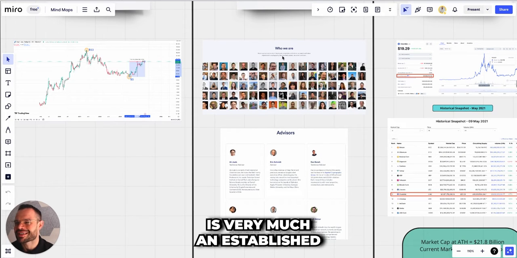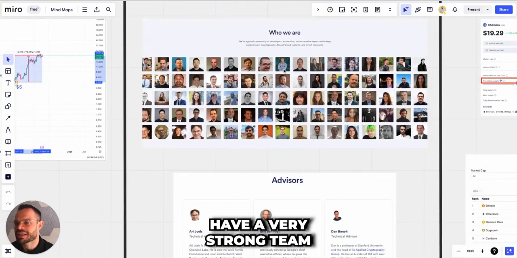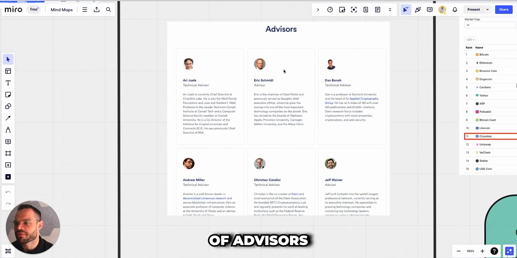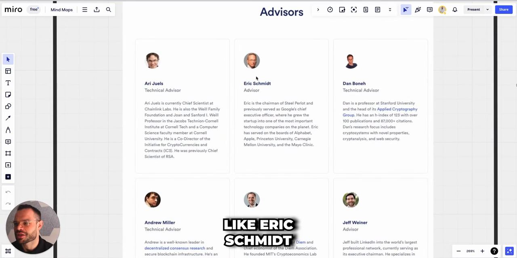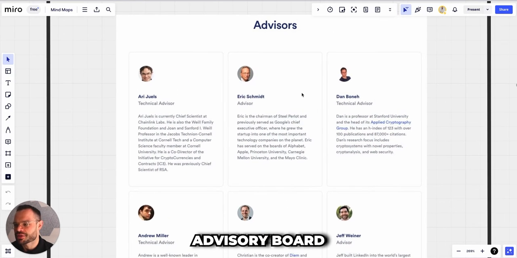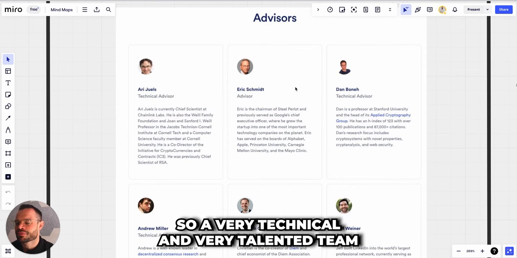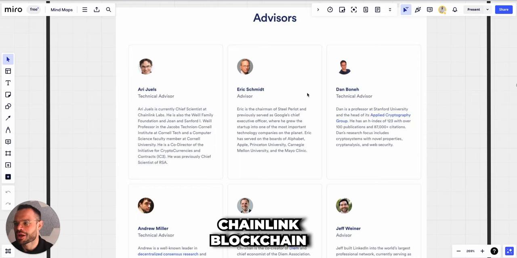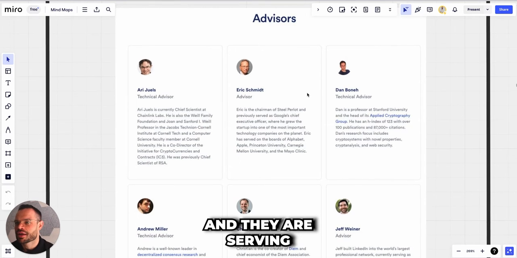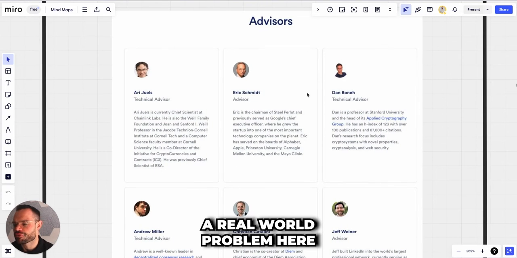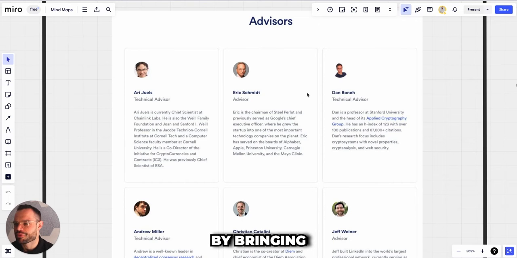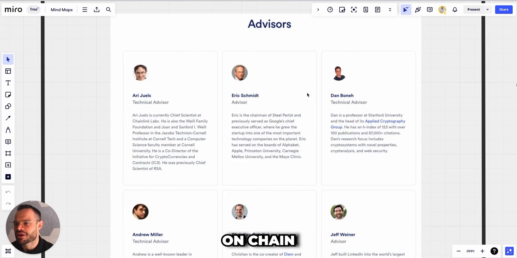Looking at their team very briefly, we're not going to dwell on this too much because Chainlink is very much an established blue chip cryptocurrency, but they do have a very strong team as well as a very strong group of advisors. They've got people like Eric Schmidt, former CEO of Google, on their advisory board. A very technical and very talented team is behind the Chainlink blockchain, and they are trying to solve a real world problem by bringing as much real world data on chain as possible.